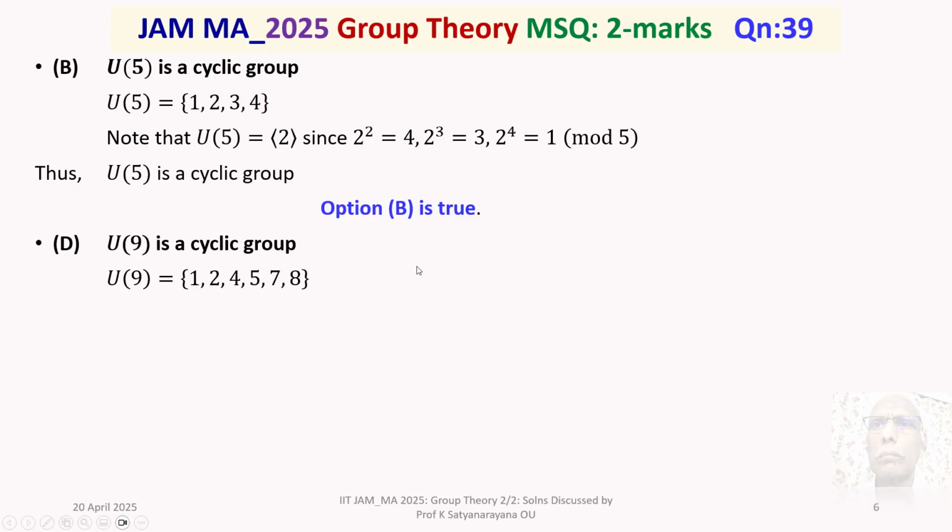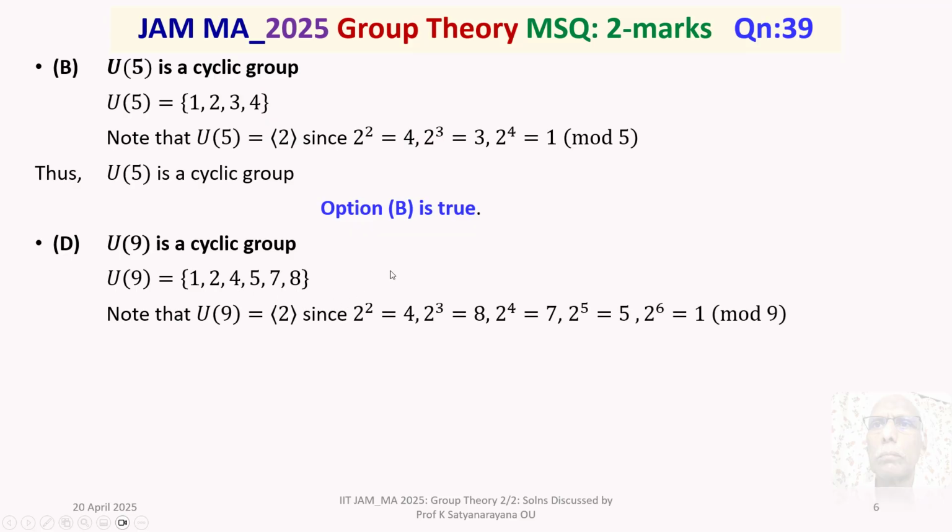Again, you take this element 2: 2 square is 4, 2 cube is 8, 2 power 4 is 7 modulo 9, 2 power 5 is 5, 2 power 6 is 1 modulo 9. That means 2 generates every element. Therefore, U of 9 is a cyclic group generated by 2. Yes, it is a cyclic group.